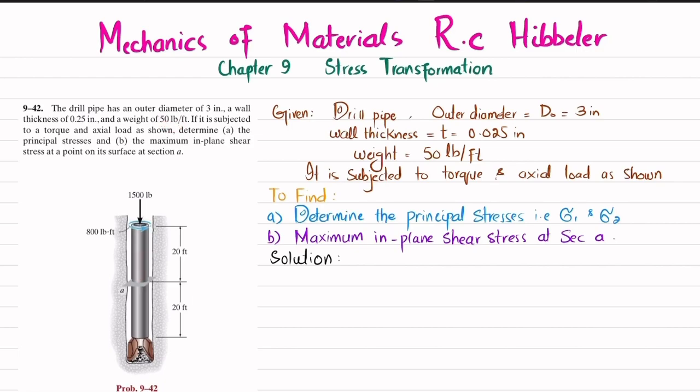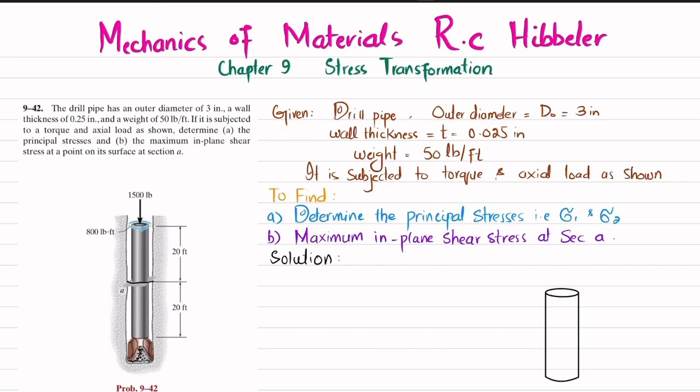So let's start with the solution. If you cut this pipe at section AA and draw the free body diagram, it will be like this. This is the pipe, and this is the length at which we have cut this pipe.